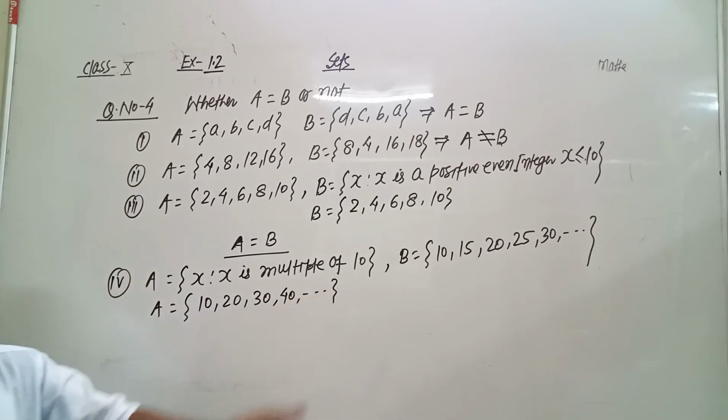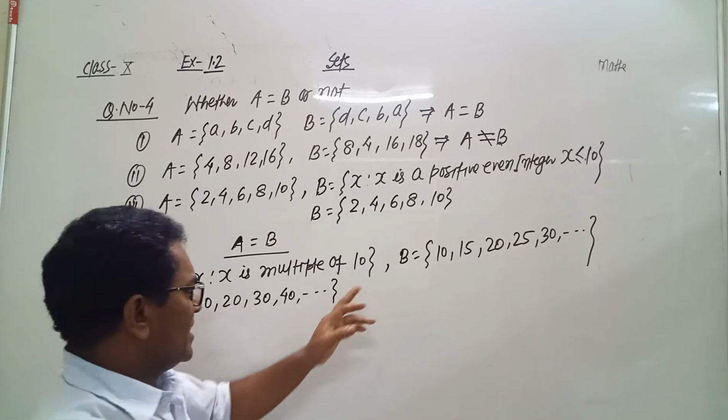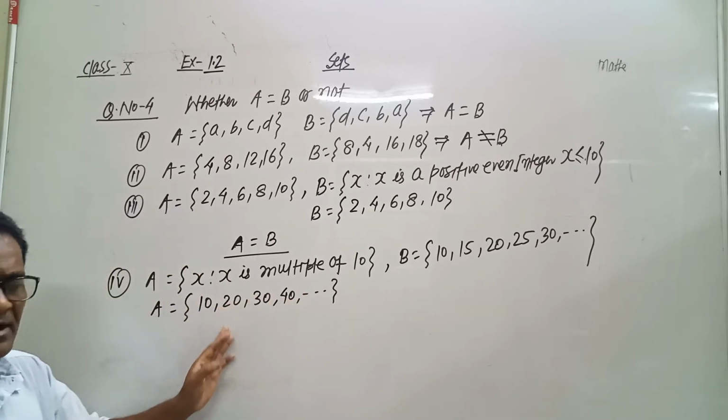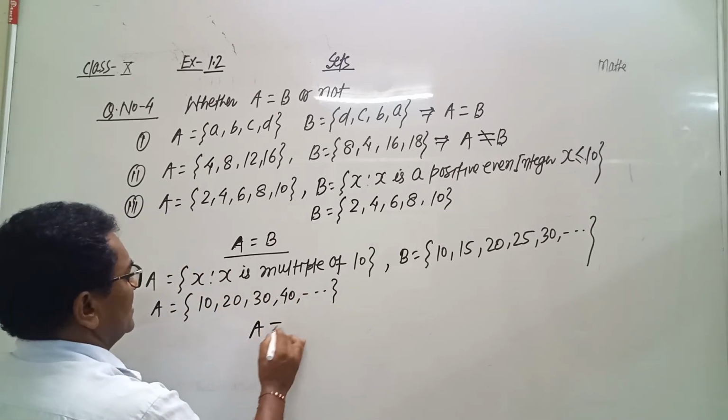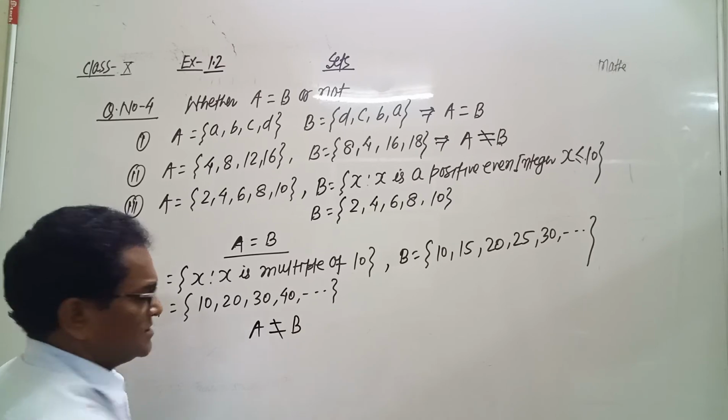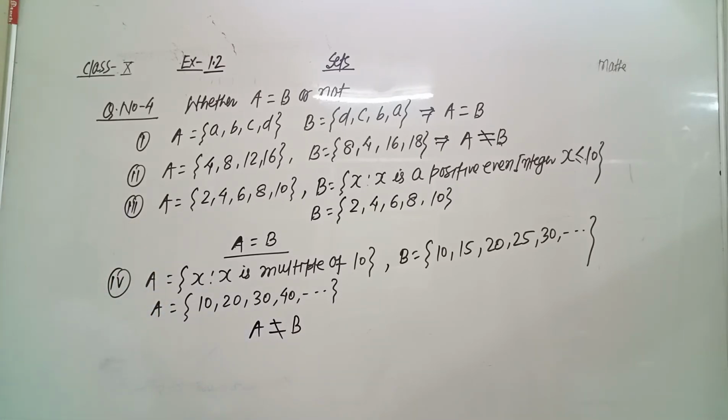So A and B do not have the same elements because here is 15 but here there is no 15. So we can say that they are not equal sets. A is not equal to B.